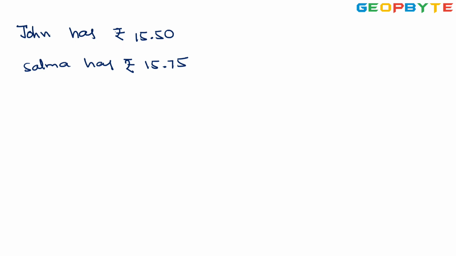To find this, we need to compare the decimal numbers 15.50 and 15.75. To do this, we first compare the digits on the left of the decimal point, starting from the leftmost digit.